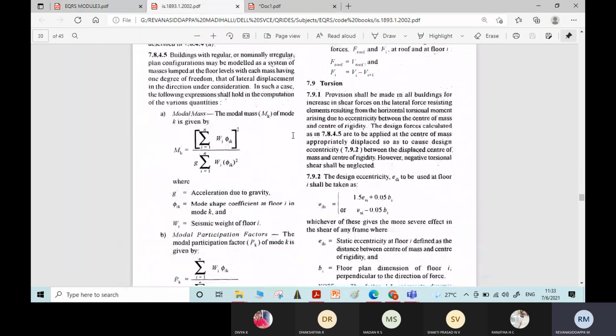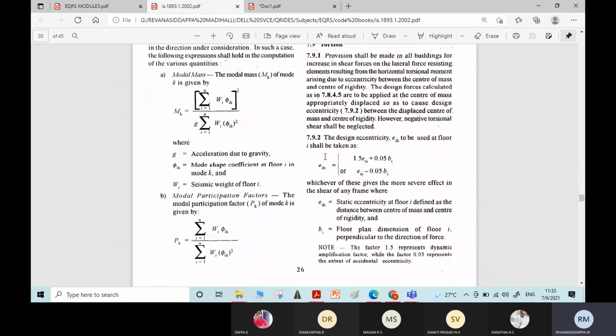Okay, the design guideline for torsional irregularity. For designing a structure with respect to torsional irregularity, we have to consider the design eccentricity, EDI, which is given as 1.5 times ESI plus 0.05 BI, or ESI minus 0.05 BI, whichever gives the severe effect in the shear of any frame.